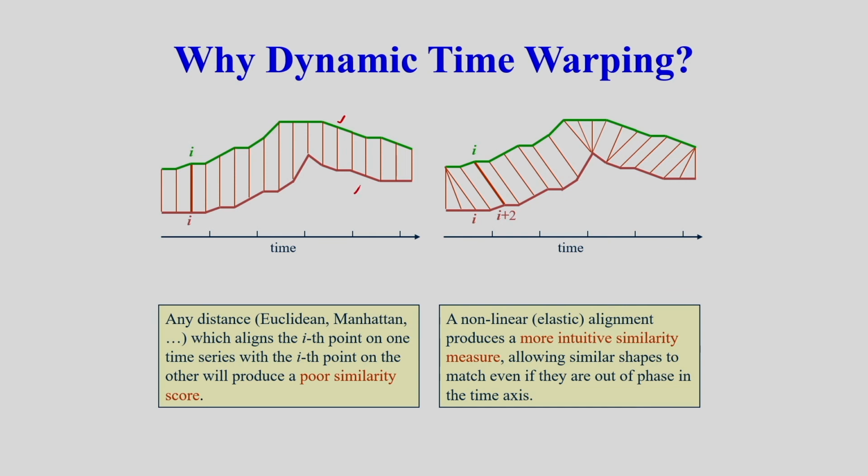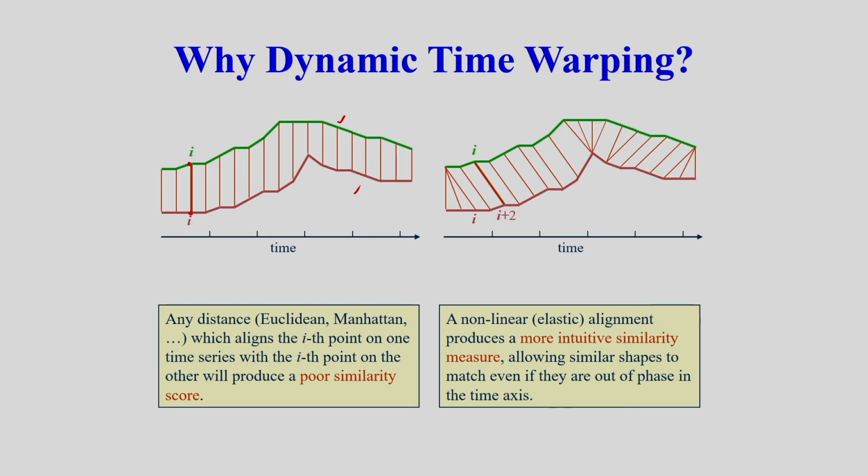What is the importance of dynamic time warping, that I want to show here. Suppose I want to match these two sequences point to point, the point i matched with the point i in the second sequence.